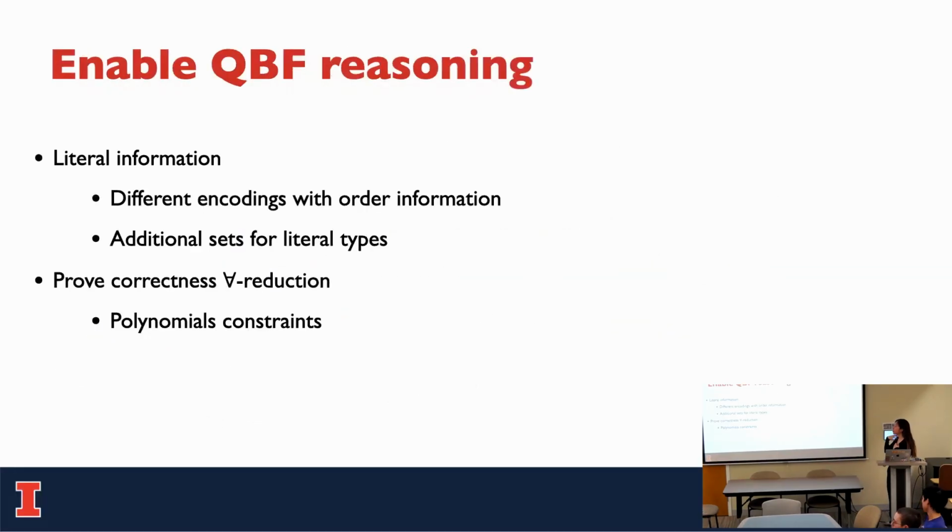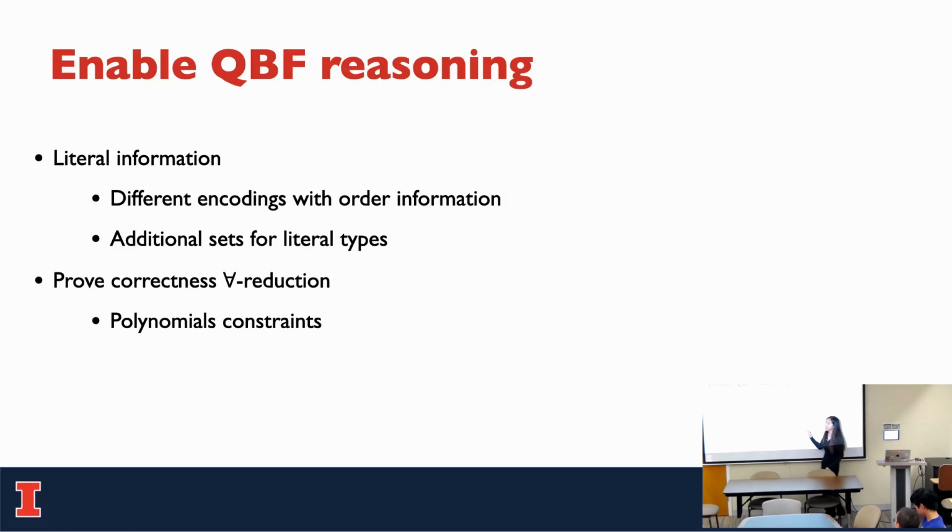Now I just talked about the resolution, and I haven't talked about how we can handle the quantifier, the order and the type of the neutral. If we come to the QBF setting, we have some additional information we need to check for neutral.